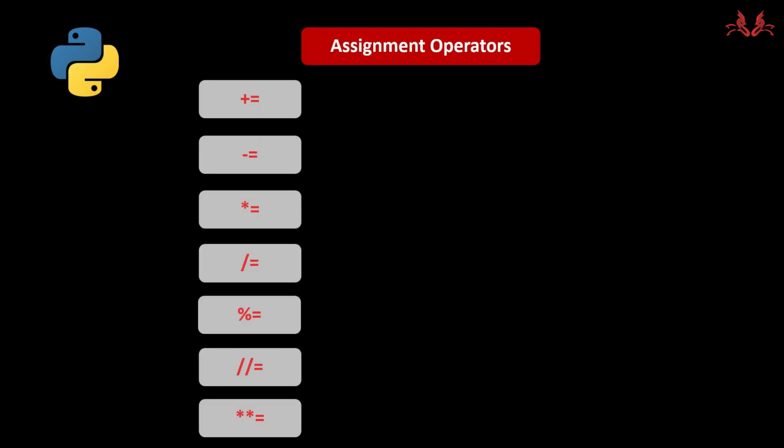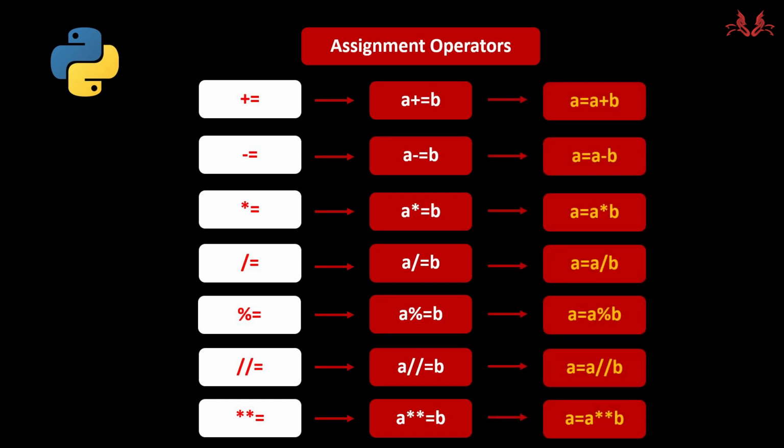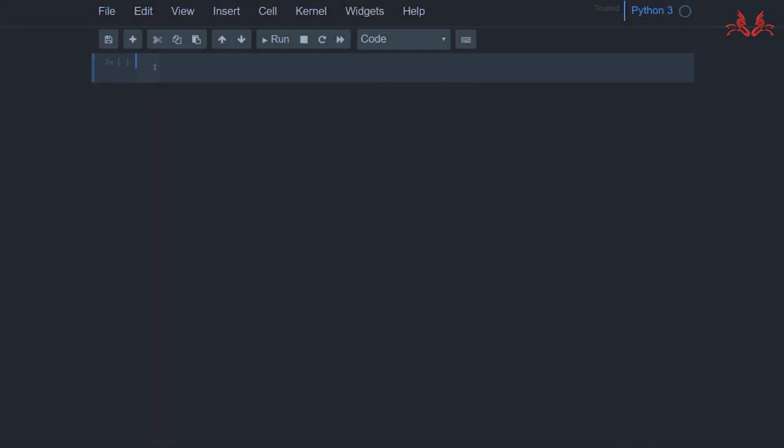Alright, let's take a look at assignment operators. You can see the white blocks, they are the symbols of assignment operators. And you can also see the meanings and the expressions of assignment operators. Let's demonstrate it. For example, we set a variable x equals 10, then x plus equals 2, and print x.